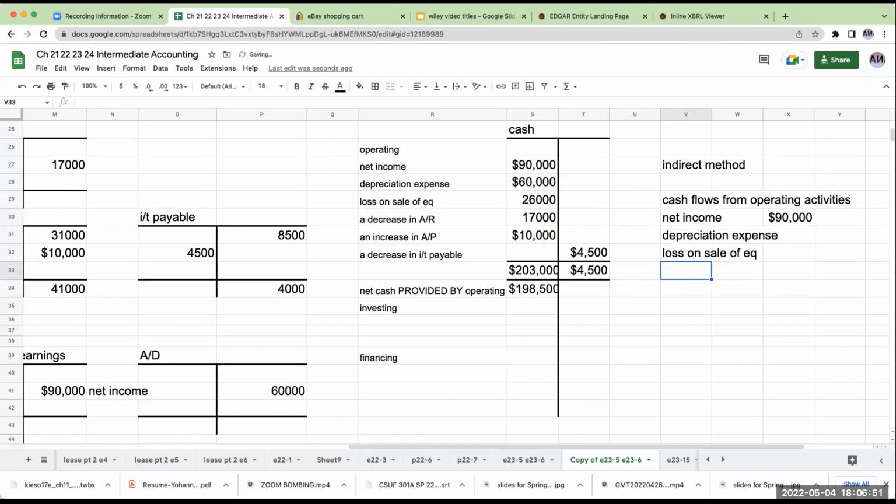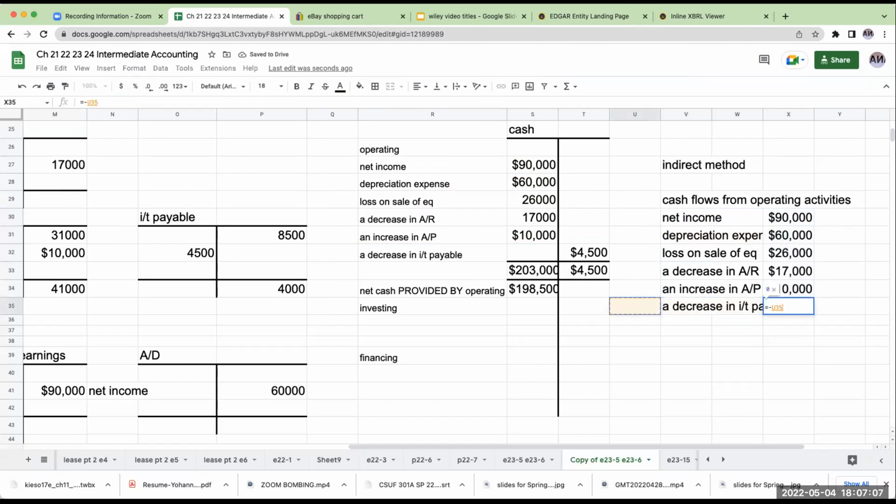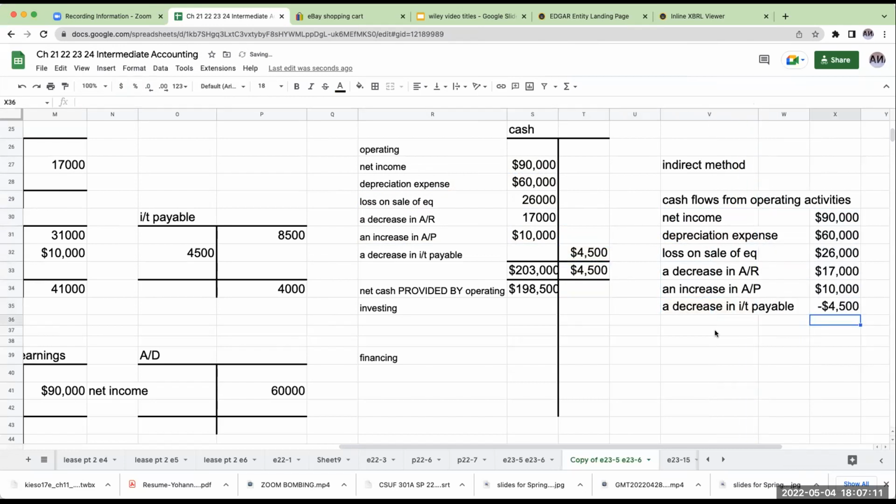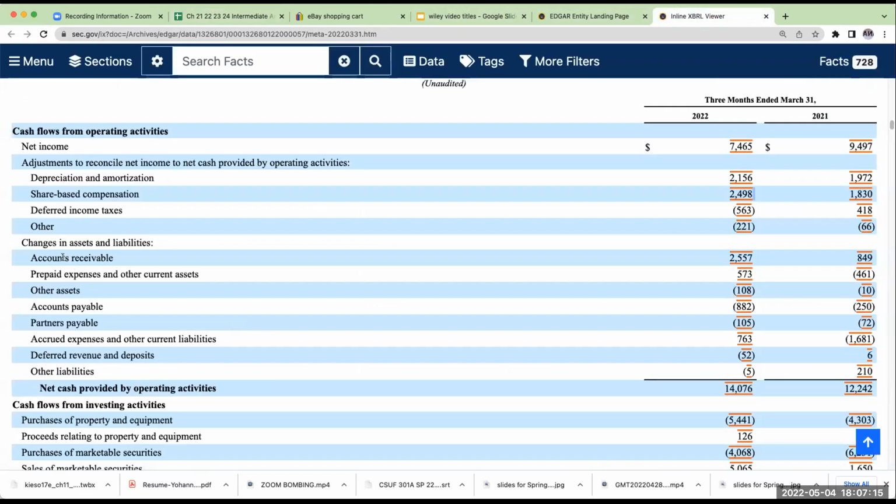Depreciation expense, loss on sale of equipment. And what we're going to do here is just pull these numbers down. All of these are going to be positive amounts on the statement of cash flows, right? But if it's a credit, this is going to show as a negative amount on the actual statement of cash flows. And if we take a look over here, we see accounts receivable.